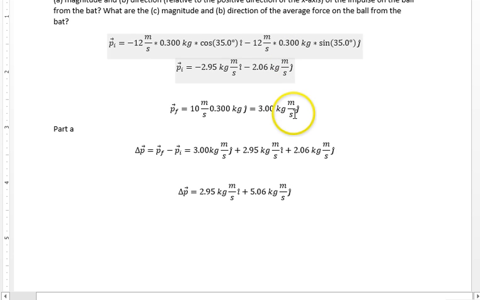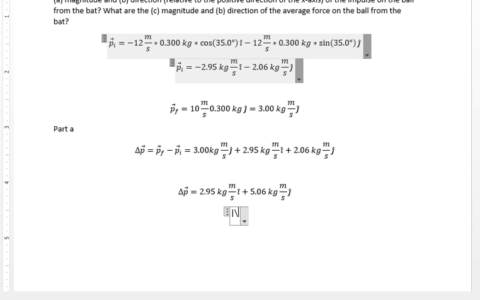Okay, so what is the magnitude? Which is what part A is asking for. So the magnitude is just going to be 2.95 squared plus 5.06 squared, to the 1/2.